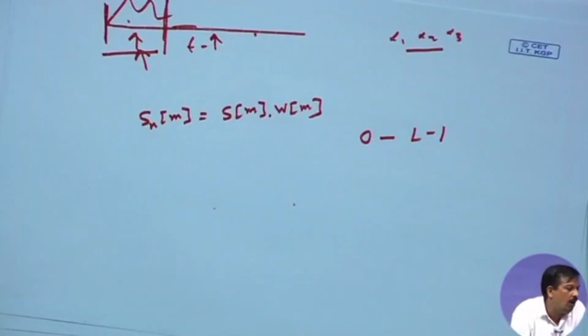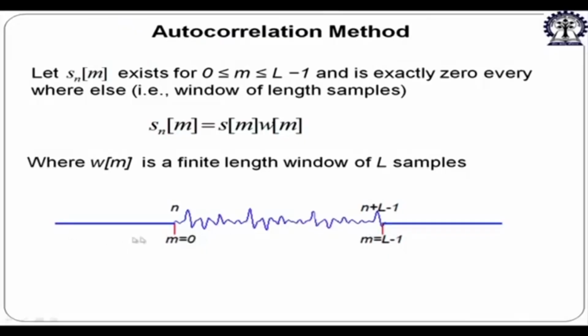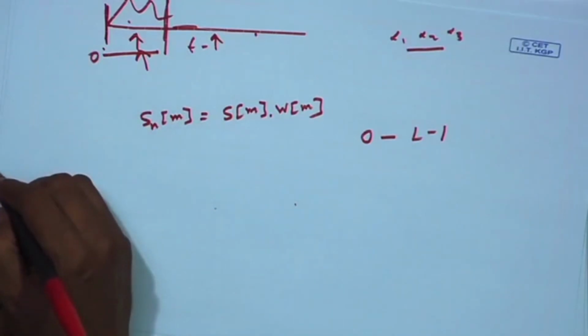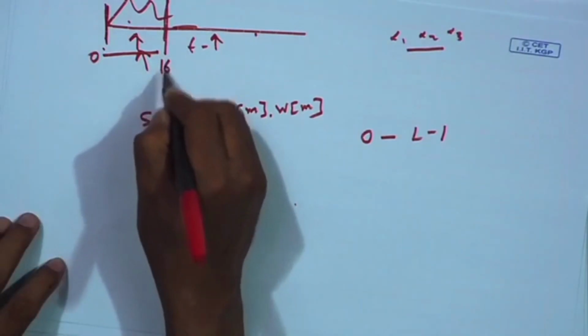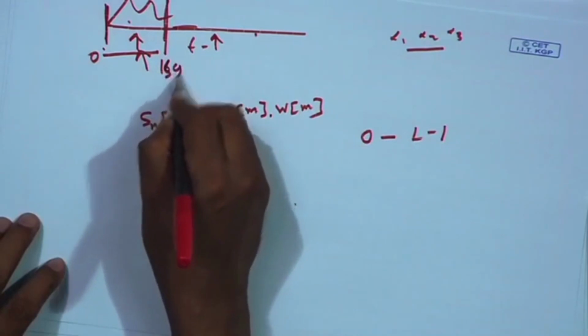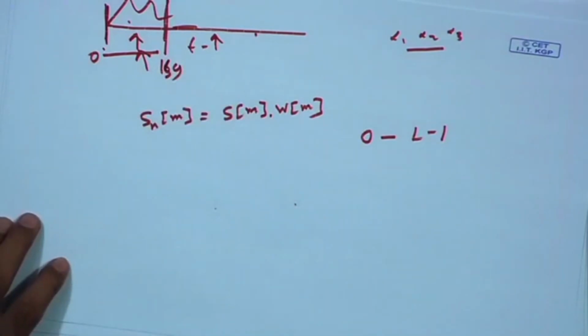So, for a long speech signal, this is the nth window, where m equals 0 to L minus 1, and the starting point is n. Suppose this is the first window: from the starting point 0, the signal goes up to 159, a 160 sample period window.